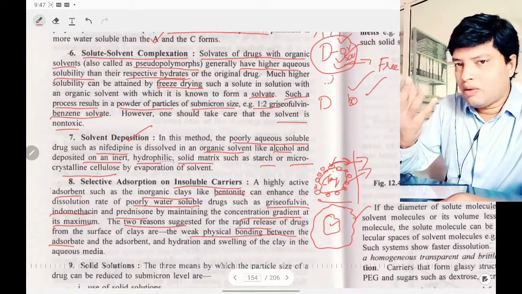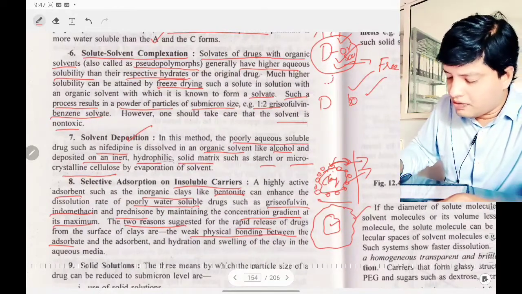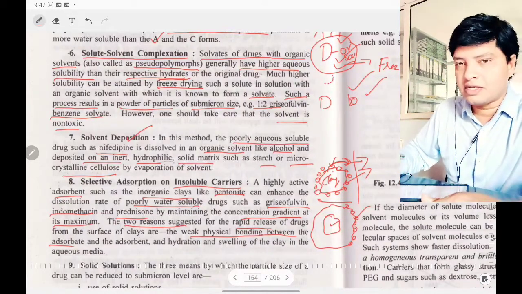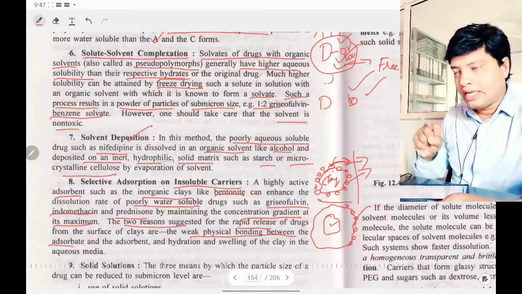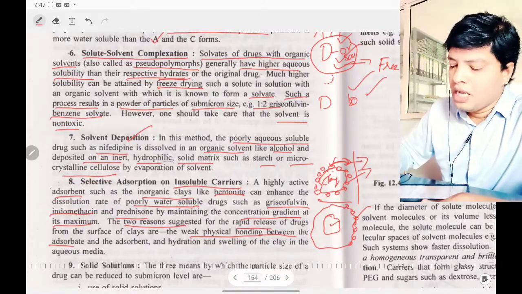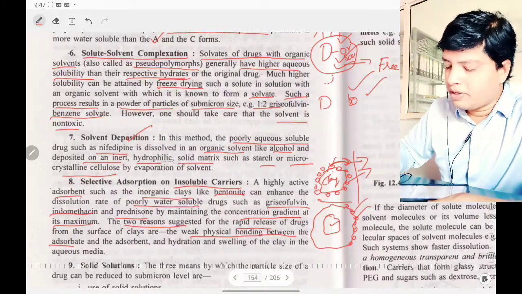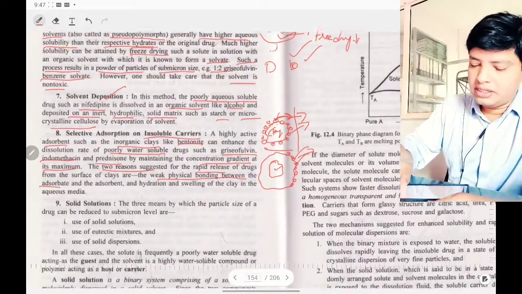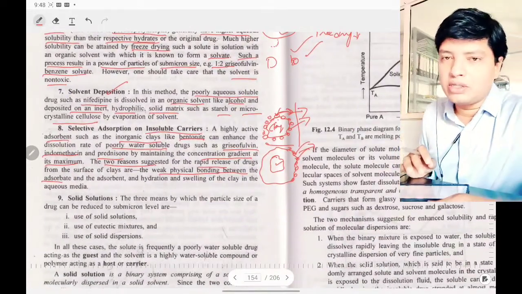Due to its swelling, it is absorbing water and providing water for the molecule, that is griseofulvin, which is present on the surface. Internally it is swelling and providing water, and externally also there is water available. Due to this, the solubility of griseofulvin increases and the absorption also increases. That's the selective adsorption on insoluble carriers.